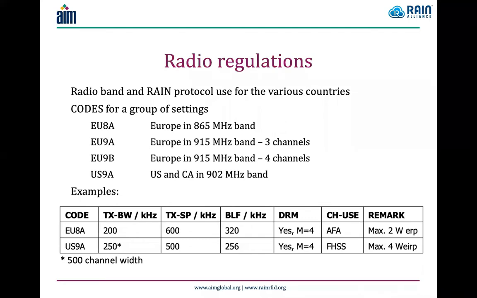Below are then some examples, a little bit deeply technical, but it's just to highlight that it's not only specifying the regulatory part, which typically means the transmit bandwidth, so TX EIRP, but also the BLF or DRM, so whatever is recommended to be used in the RFID protocol based on the RAIN protocol. Some more details are available in the System Design Guideline. I don't want to go too much into details here, with all the acronyms, but just to give you an impression of what the table is about. Next slide, please.